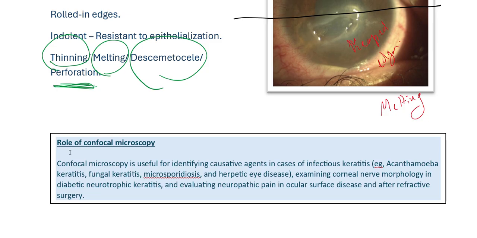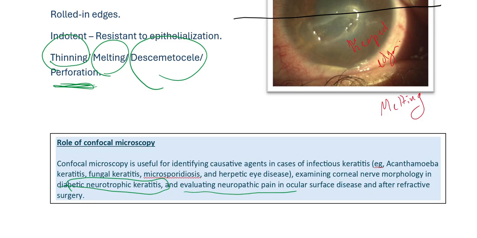It can differentiate even between cases of diabetic neuropathic keratitis, and it can evaluate the cases with neuropathic pain and neurotrophic keratitis. It's mainly used for infectious keratitis, acanthamoeba, and so on.